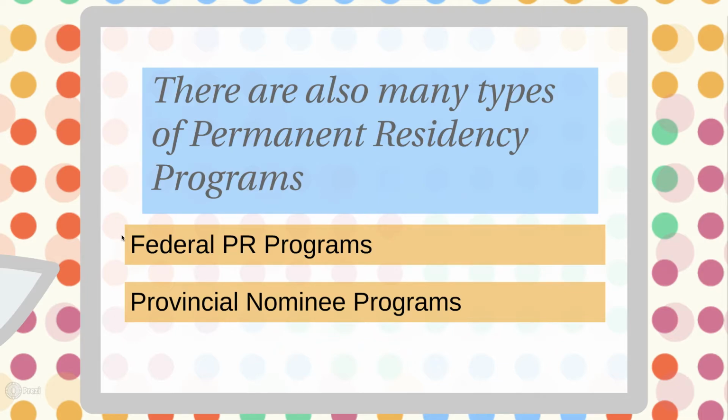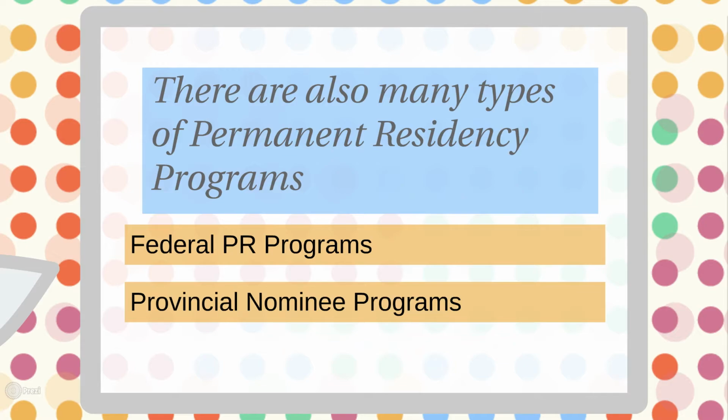Under the federal programs, we have economic classes. You may have heard of the Express Entry system, including federal skilled workers, Canadian experience class, and federal trades class. There's also family sponsorship, which also falls under these federal powers.